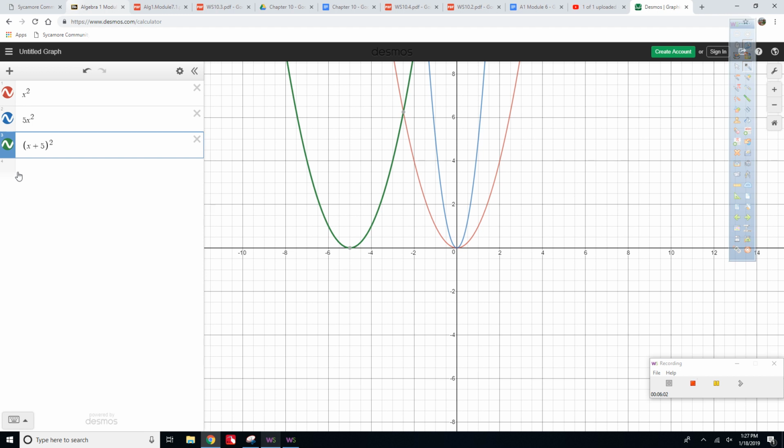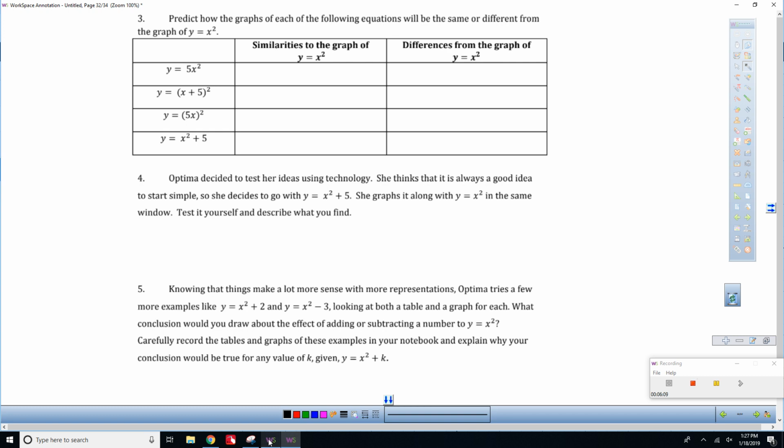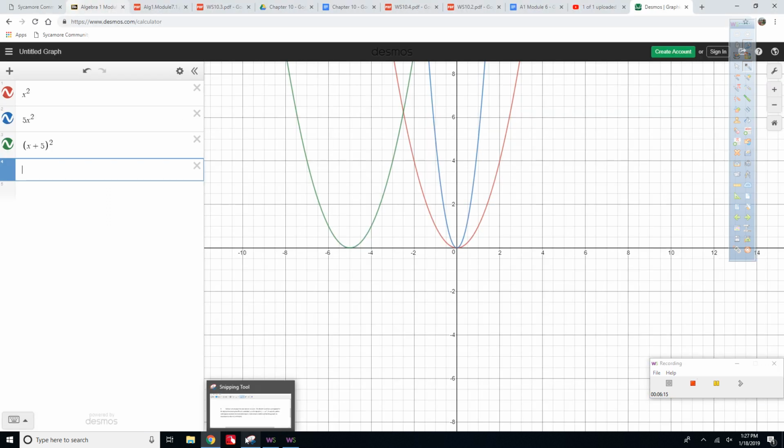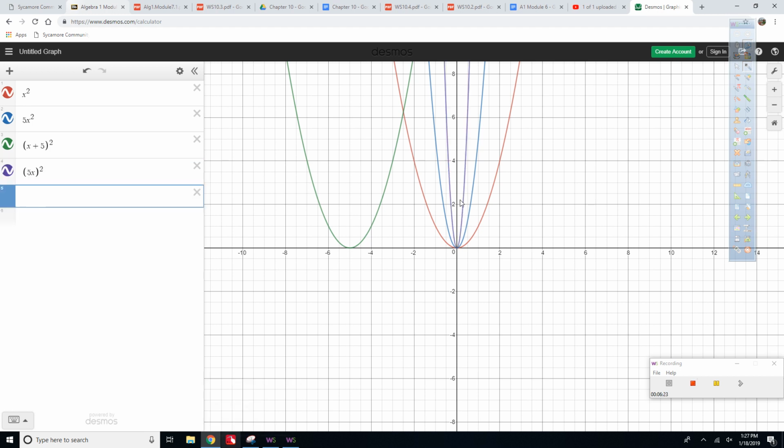All right, what's our next equation here? 5x quantity squared. Ooh, the purple one. Super fast. Remember, that's the same thing as 25x squared.